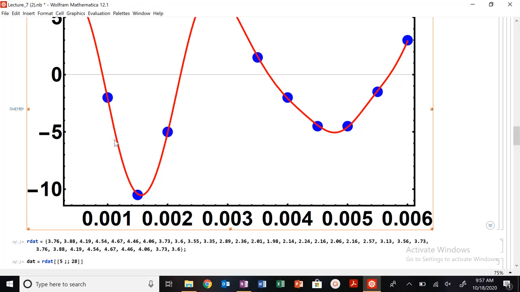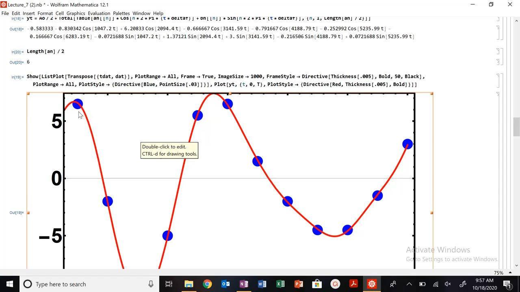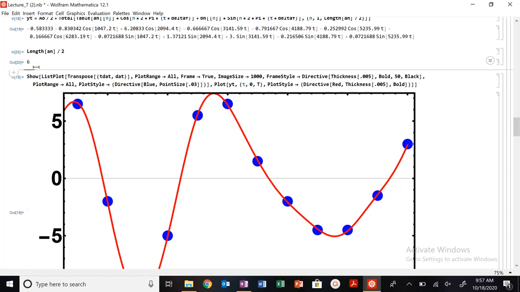So how would I increase the accuracy of this approximation? Well, I'd have to increase my order of harmonics. And in order to do that, I need to increase my number of big N data points. I need more discrete data points in order to fit better and include more harmonics. It's distinct from your continuous Fourier transform analysis, but it's the same principle. We need more points and more harmonics in order to better approximate our function.